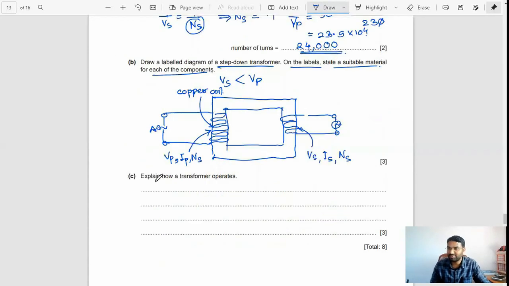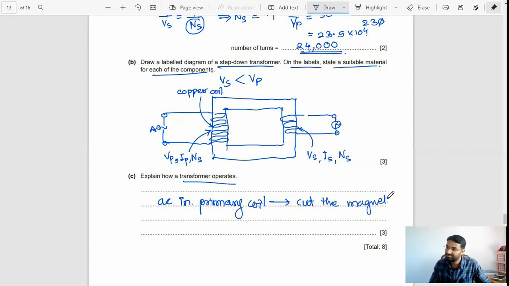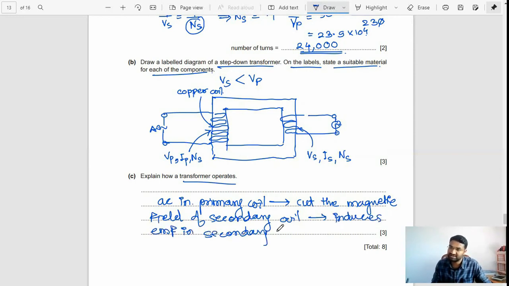And next, the third part of this question is: explain how a transformer operates. The alternating current in the primary coil cuts the magnetic field lines of the secondary coil, and that induces an EMF in the secondary coil.